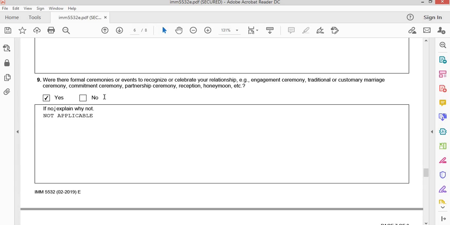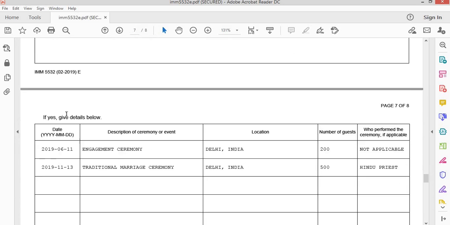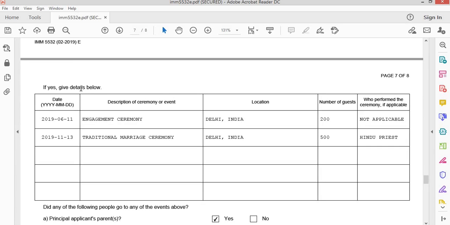I believe no will be in the case where people are in a common law relationship, and if the answer to your question is yes, you can go ahead and provide your details here. You can provide the date, the description of the ceremony or the event, for example, engagement ceremony or traditional marriage ceremony, and the location of the ceremony, which is as per your details, and the approximate number of guests who were there in the ceremony and who actually performed the ceremony.